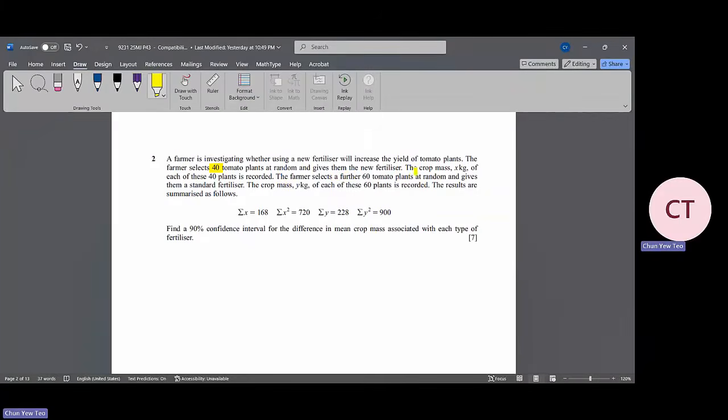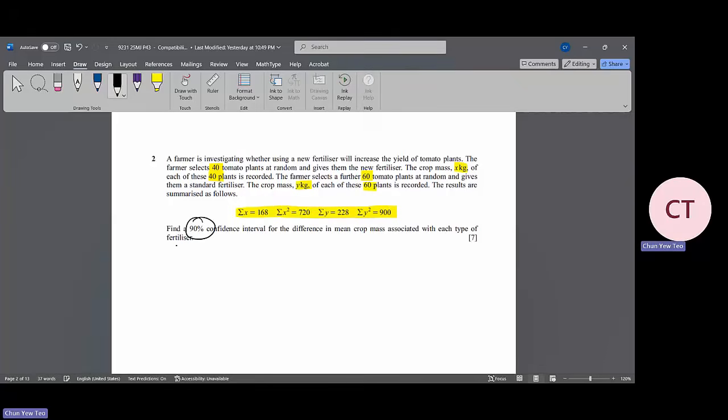The crop mass x kg of each of these 40 plants is recorded. The farmer selects a further 60 tomato plants at random and gives them the standard fertilizer. The crop mass y kg of each of these 60 plants is recorded. Okay, so these are the results that they give you.